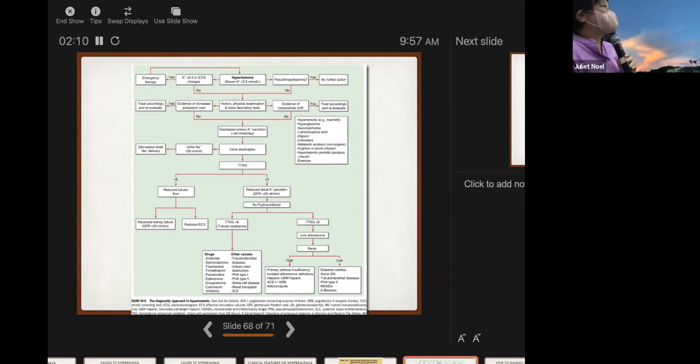Then if the TTKG is still less than 8, it means there's a tubular resistance. These are the causes: the patient may have been taking diuretics and medications that affect tubular secretion, or other causes like tubulointerstitial diseases, urinary tract obstruction, and the rest of the diseases.